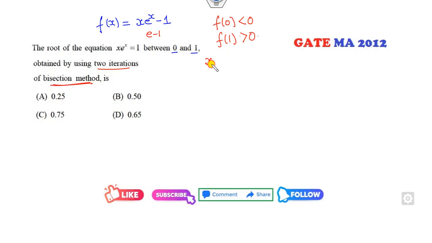Very simple. What is the first iteration of the bisection? That is the average, 0.5. Fine. Now you can check what is f of x1. It is 0.5 e raised to power 0.5 minus 1. So what is that? 2.718 divided by 2 minus 1. So clearly it is 1 point something here.